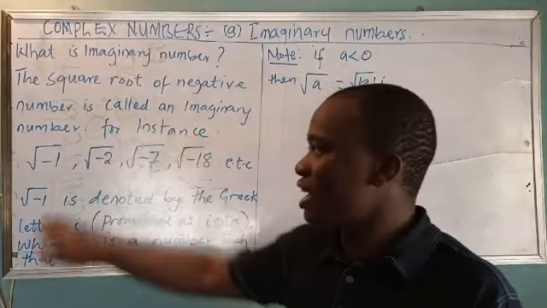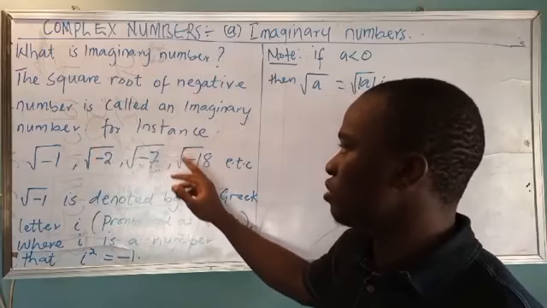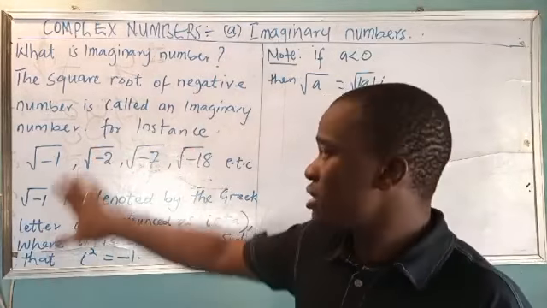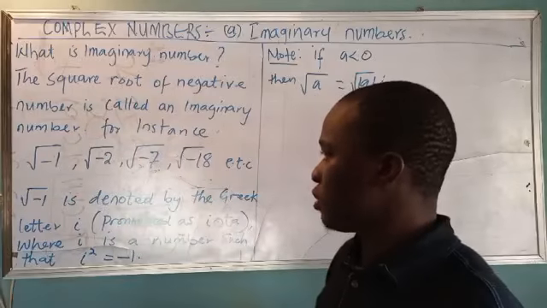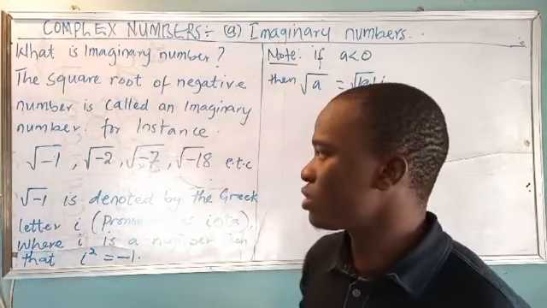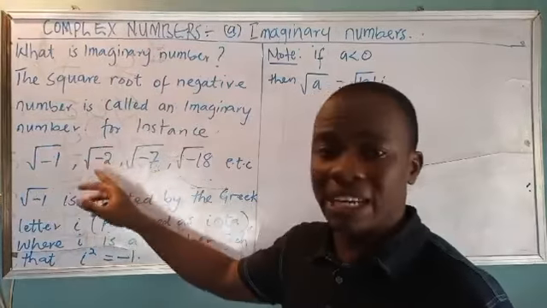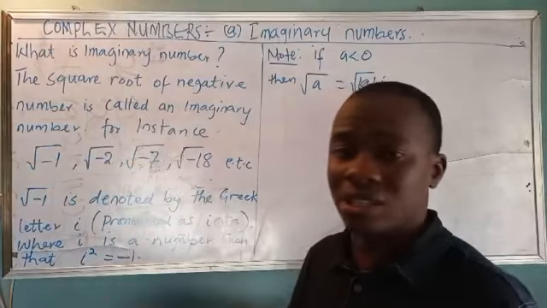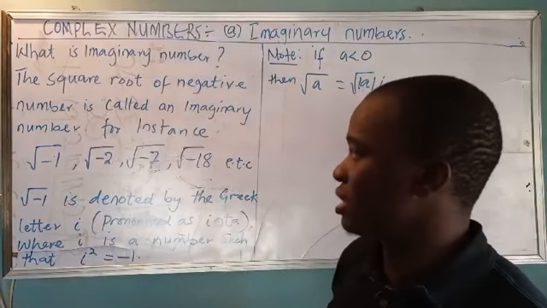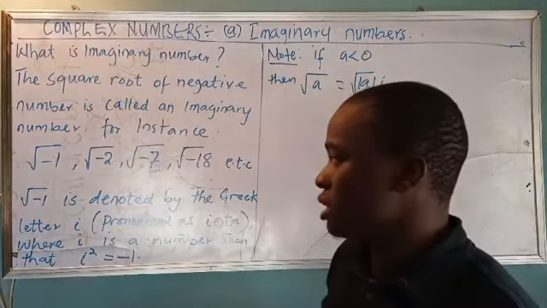For instance, if you have square root of -1, square root of -2, square root of -7, square root of -18, etc. If you see this kind of number under the square root, with a negative number there, like root of -1, root of -2, root of -7, and so on, they are called imaginary numbers.